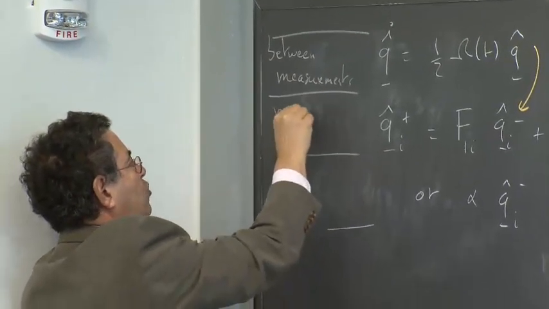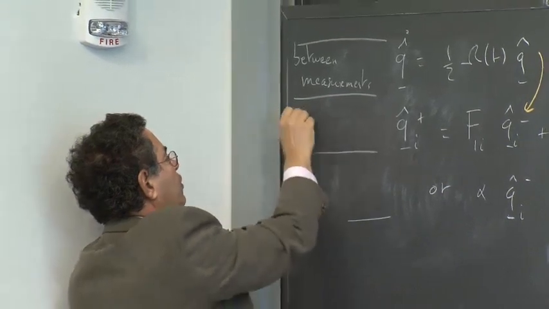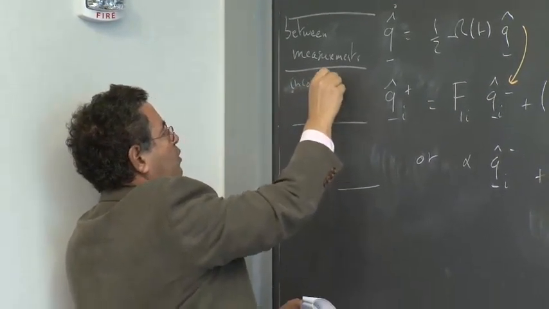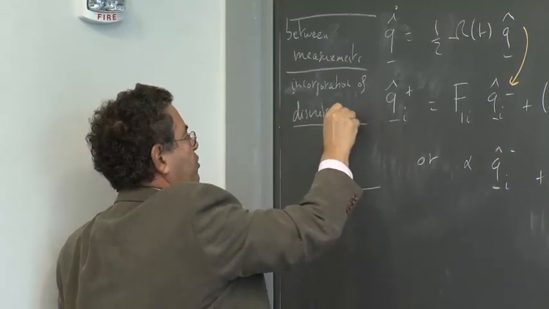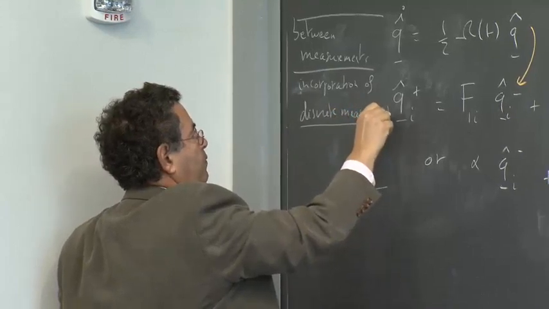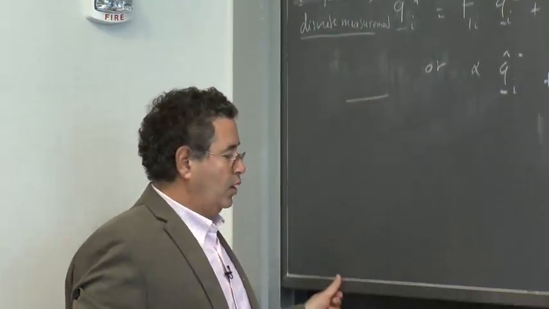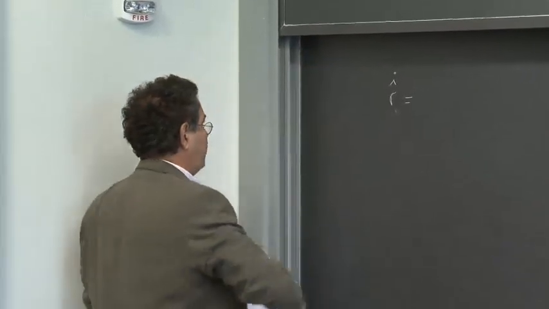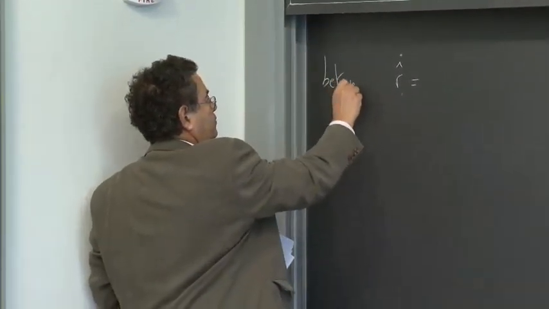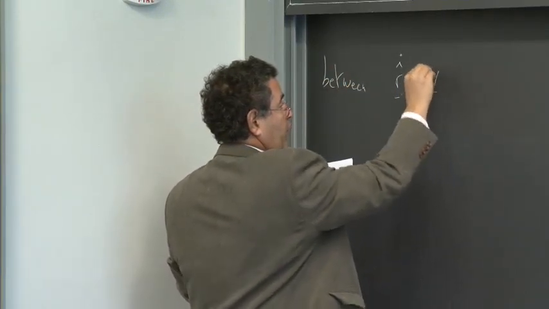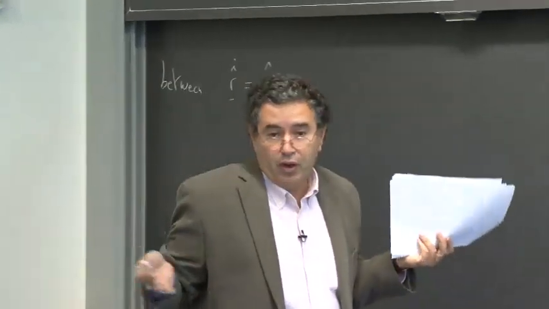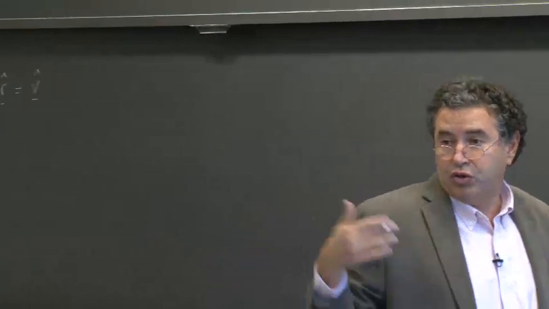It's called measurement incorporation of the discrete measurement. So you can do the same thing here. Between measurements, you do R hat dot equal V hat, because that's the best you can do. There's no new information coming, so you just use your model of the system, which in this case is R dot equal V.